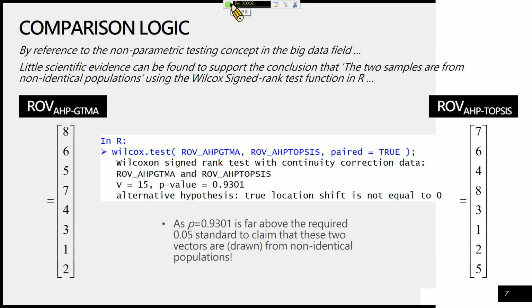Using the traditional measures shows that the two ROVs are similar, but there is no credible threshold to claim their similarity and to make this observation solid. The Wilcoxon signed-rank test, which is a non-parametric test in data analytics, was used to see if they are from non-identical populations.